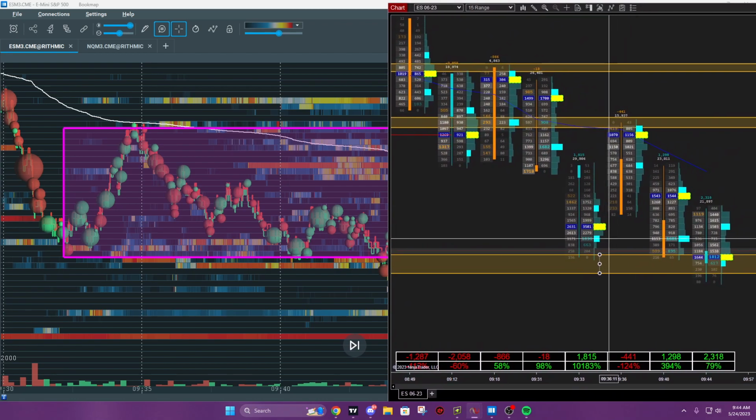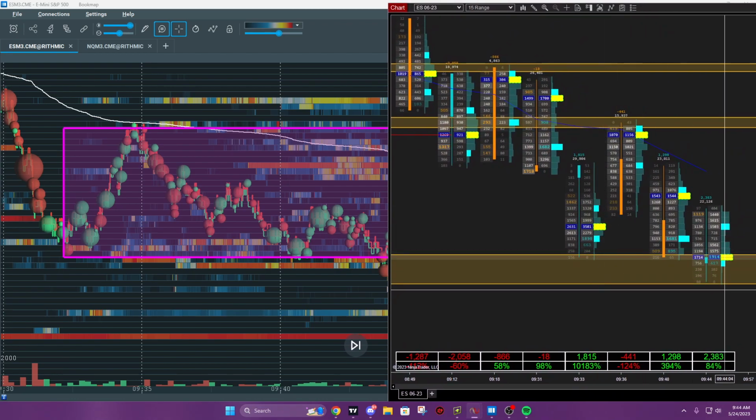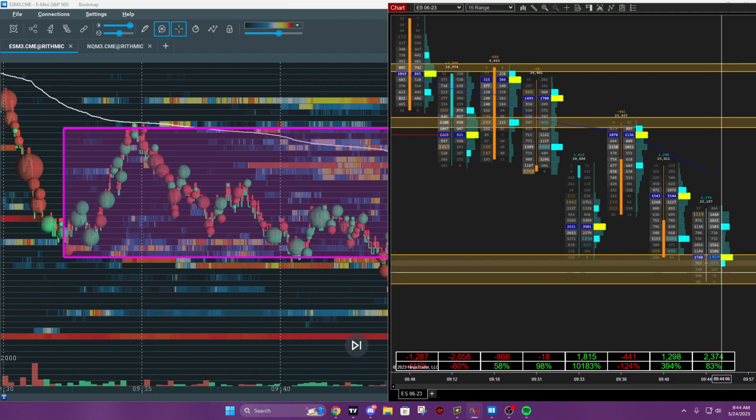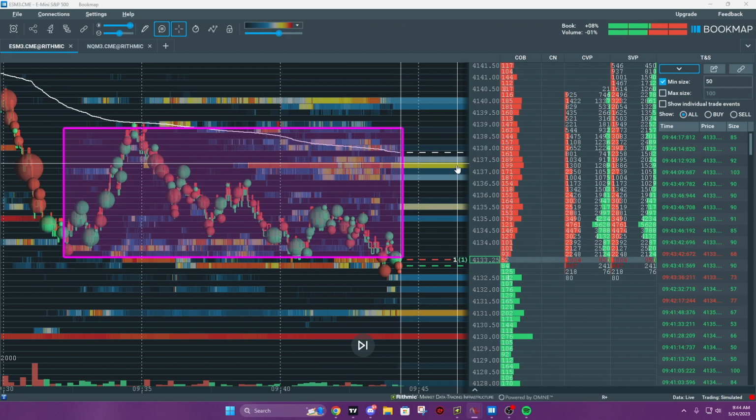Gonna extend this down again. You can see when we're moving down though, volume's getting pretty thin. So, you know, sellers could be exhausted there. We'll have to see what happens on Bookmap here.